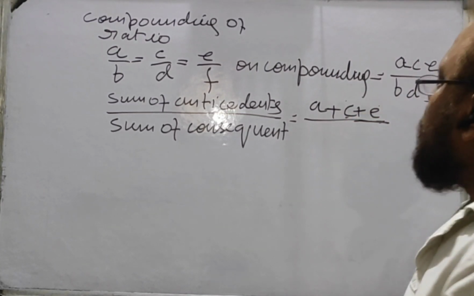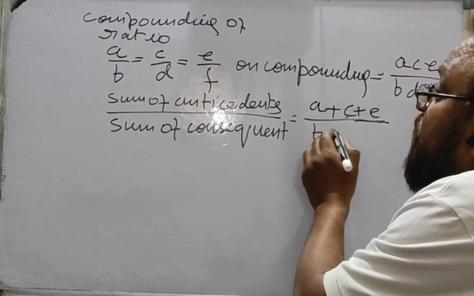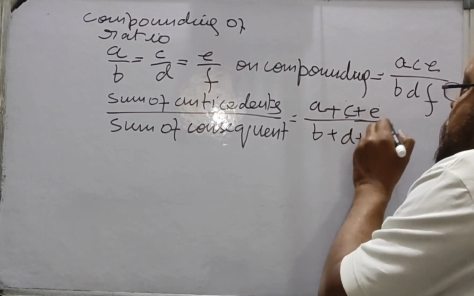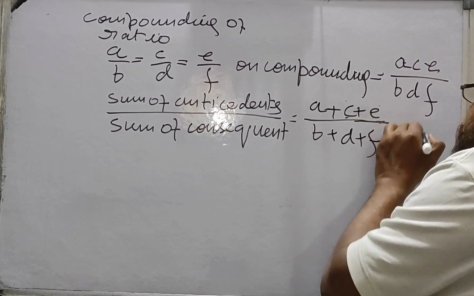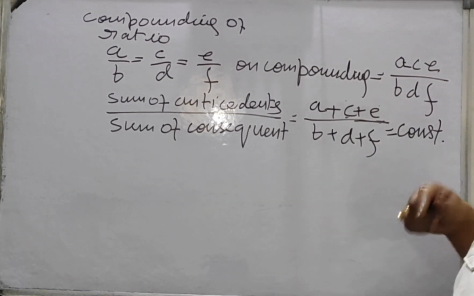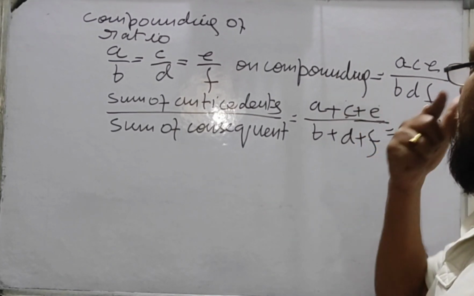When we are adding, b plus d plus f is equal to a constant. This is constant, getting? Means a fixed value K, it will be the same for all.